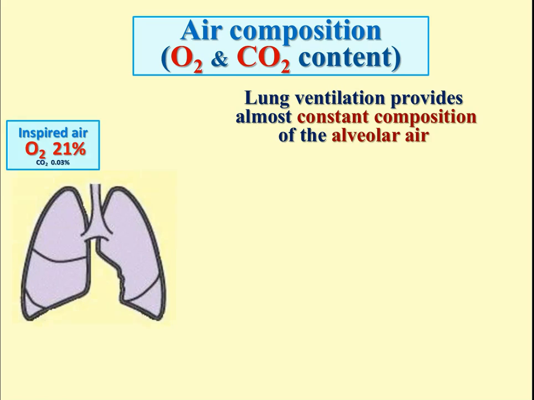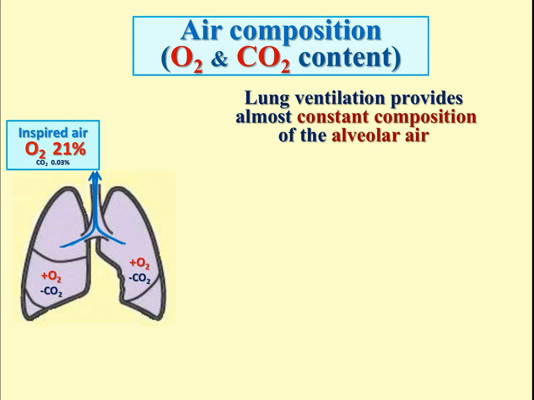Inspired air, or simply atmospheric air, contains about 21% of oxygen and negligible amount of CO2, just about 0.03%. Then each portion of the inspired air adds some oxygen into alveolar air and decreases the content of CO2.